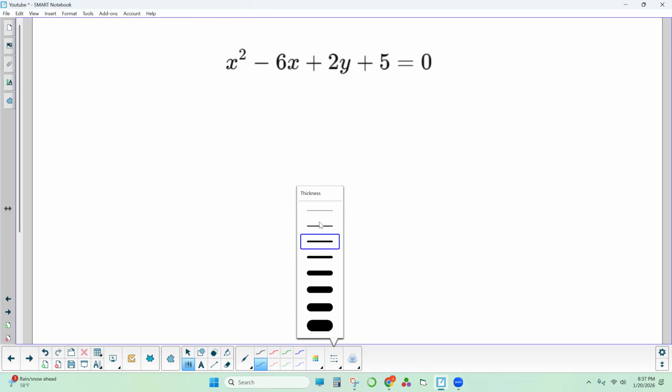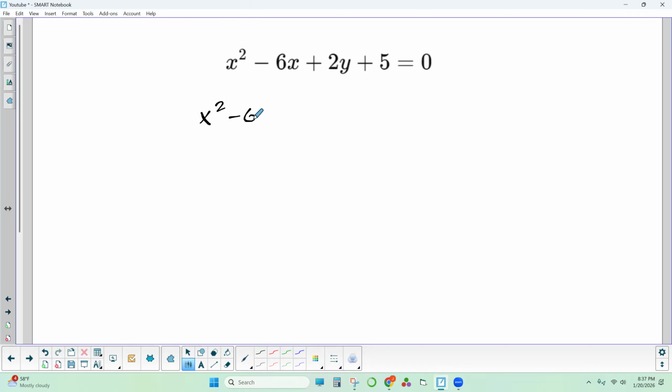Now, what I like to do first is rewrite this in standard form. I'm going to solve for y and write my terms in descending order of exponent power. So I'm going to move the y term to the other side of the equation, because I want to write this in terms of y.